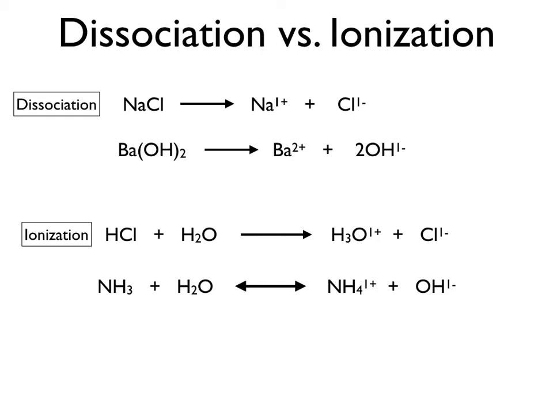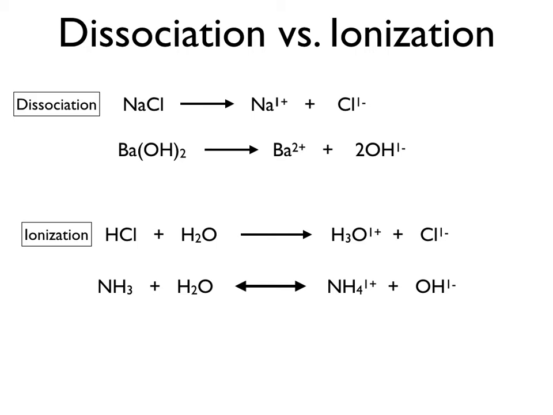A second way that a solution could be electrolytic is if ionization takes place. On first glance, it looks like it's dissociation, but when you look at my two examples here, the first one with hydrochloric acid, you can see it's actually interacting with the water and a chemical reaction is taking place, and you see as a result charges are produced and they're mobile, and hydrochloric acid would have conducted electricity.